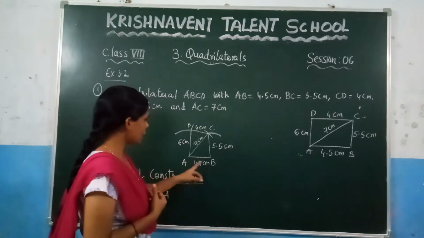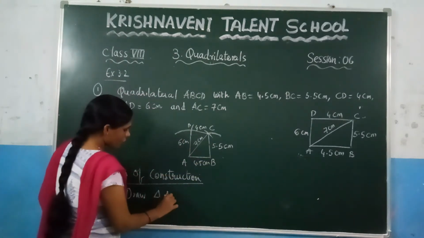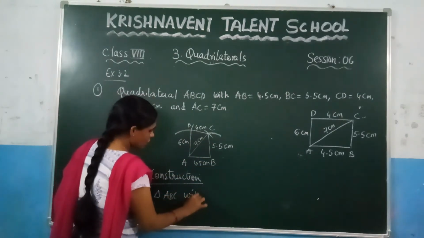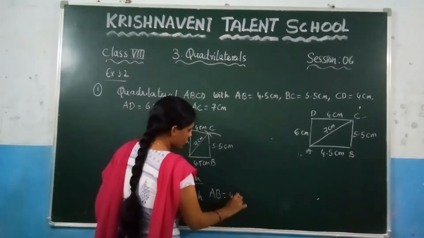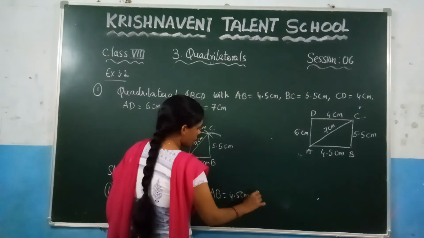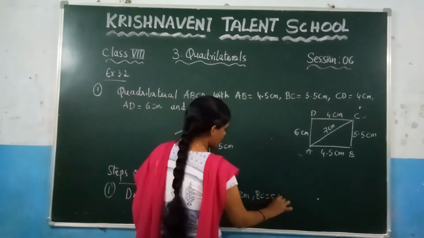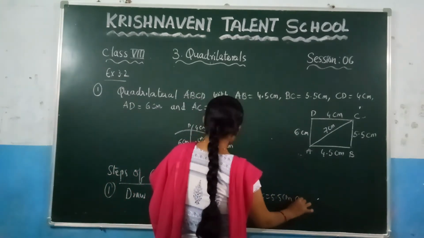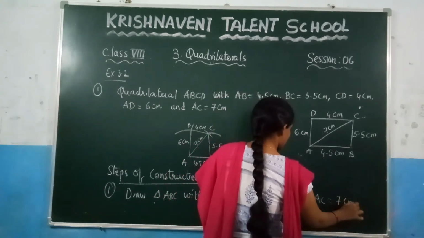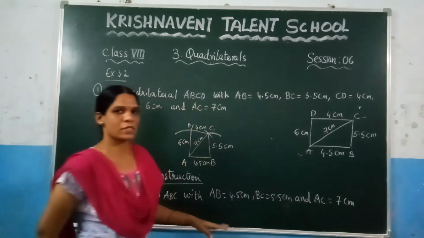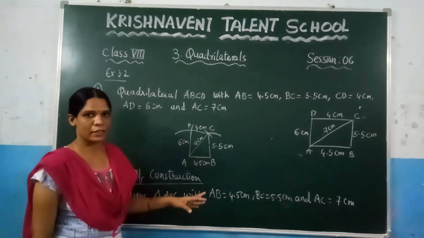First we have drawn the triangle ABC. Draw triangle ABC with what are the measurements? AB is equal to 4.5 centimeters, BC is equal to 5.5 centimeters, and AC is equal to 7 centimeters. By taking these measurements, we have constructed one triangle.